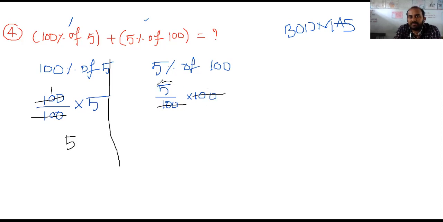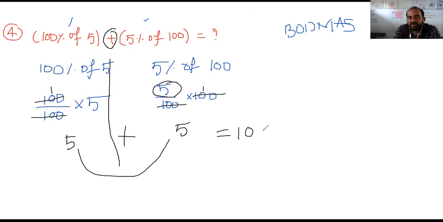The remaining number is 5. If there is a 1, 5 into 1, 5 only. Now in between is the symbol plus. Apply the plus. 5 plus 5, how much? 10. 10 is the answer. Understood? Understood. Yeah, copy this.